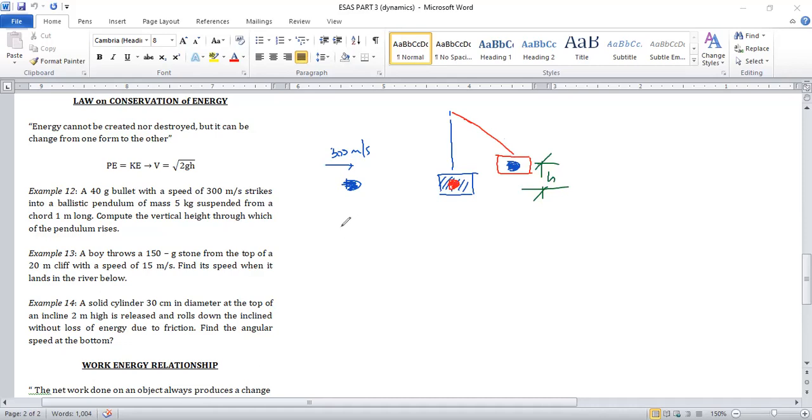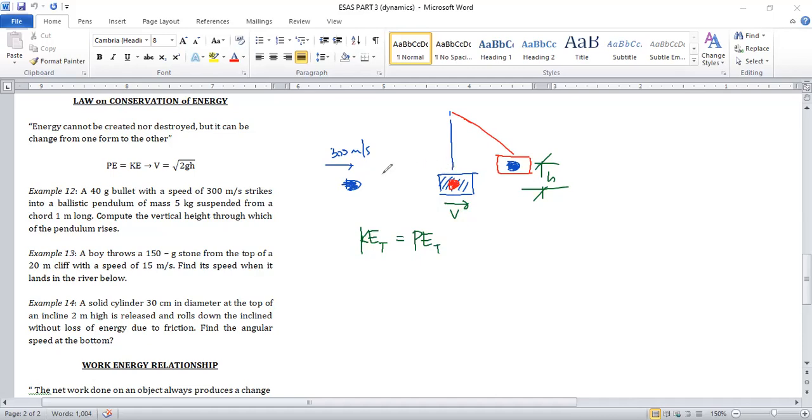So we would say, in the same analysis, that the kinetic energy possessed by the bullet and the pendulum after the bullet has embedded in the pendulum, the combination moves at a velocity v. So the total kinetic energy, after the bullet has embedded in the pendulum, is equal to the total potential energy possessed by the bullet and the pendulum also.